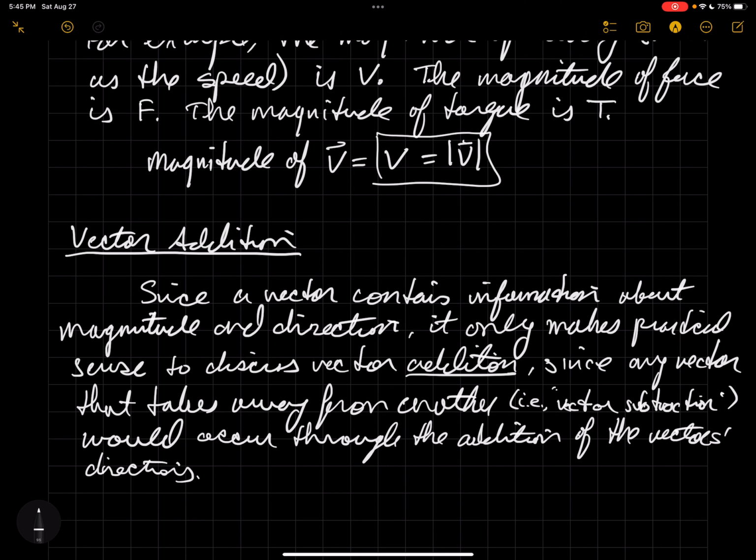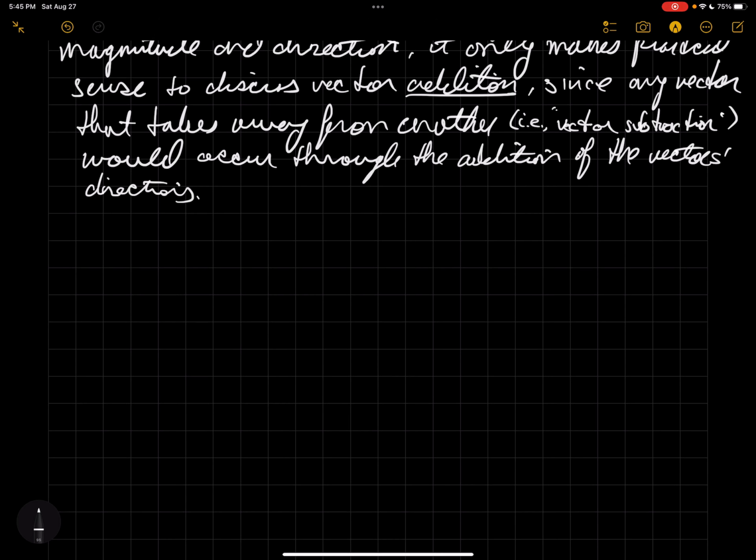And you'll get a chance to see that in one of the examples that we have coming up here.